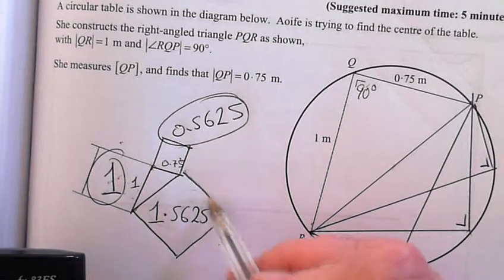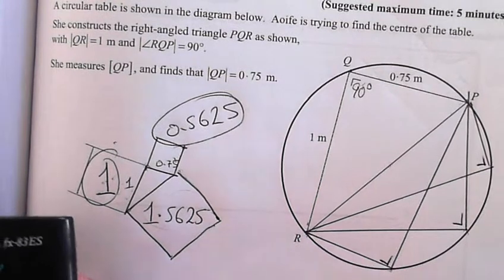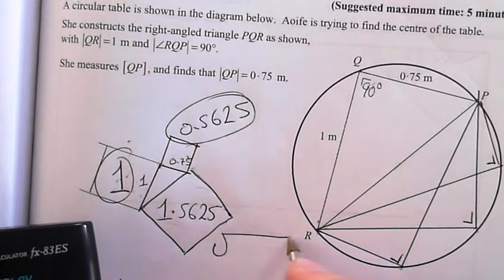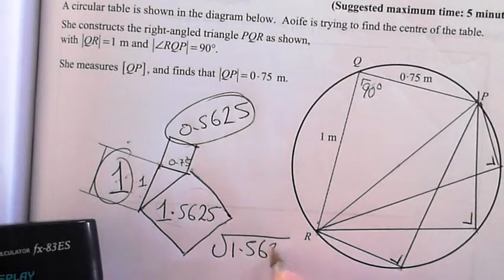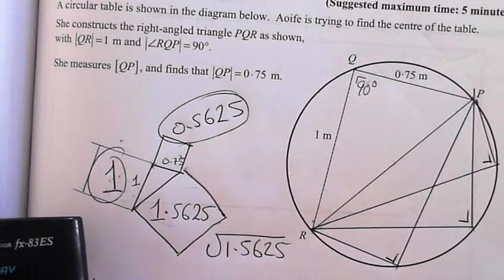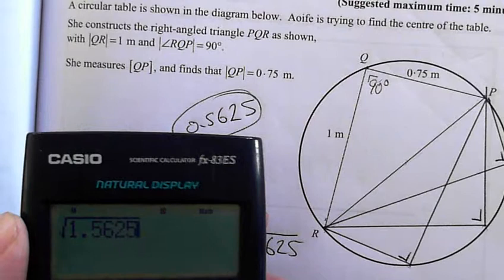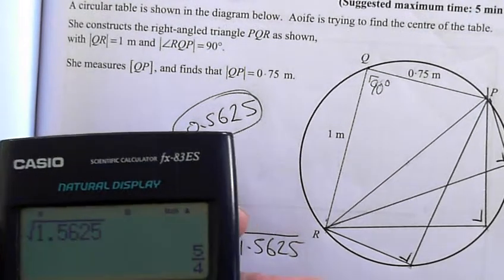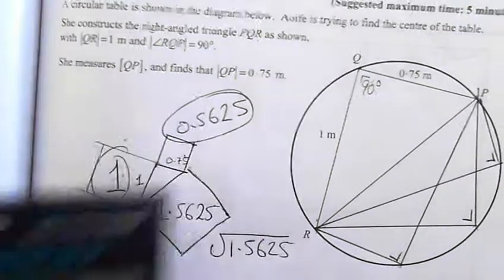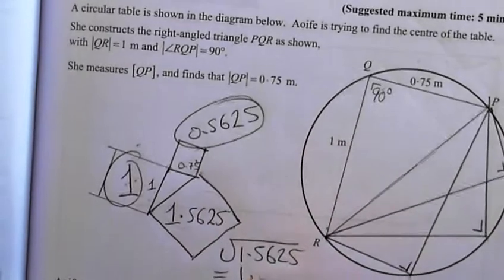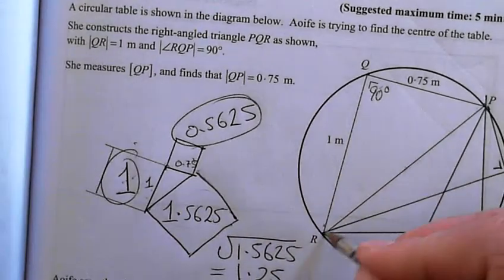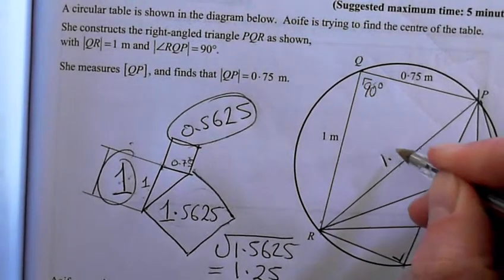To get the length of one side of the square, I take the square root of 1.5625, which is 5 over 4, which is 1.25. So the length of this is 1.25.